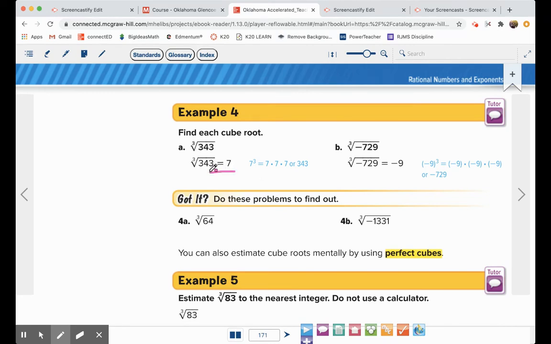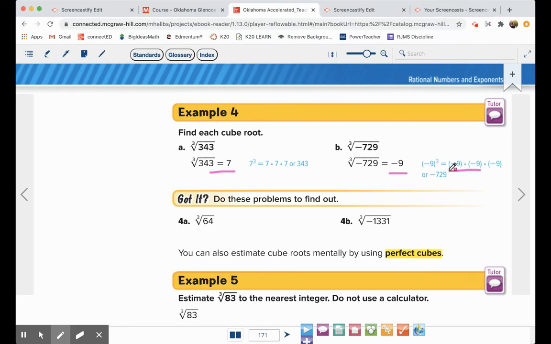So it is 7. On B, we have the cube root of negative 729. Now, if this was square root, you can't take the square root of a negative number. Since it is cube root, we can. If you plug that in your calculator, it's negative 9. But here is why: negative 9 to the third power, or negative 9 times negative 9 times negative 9.